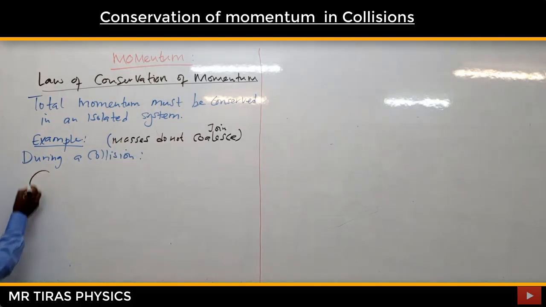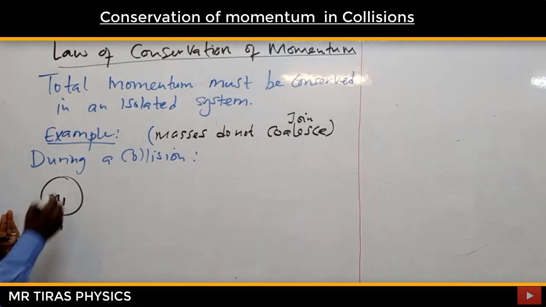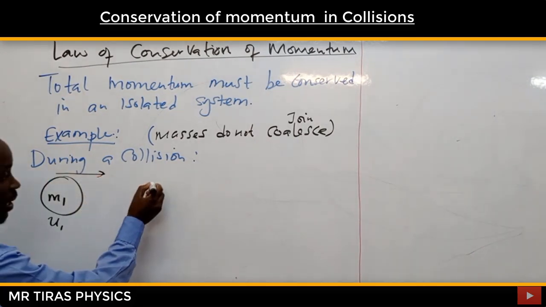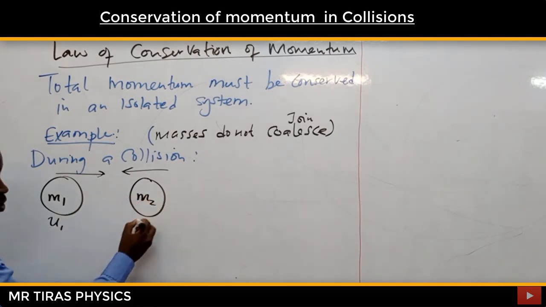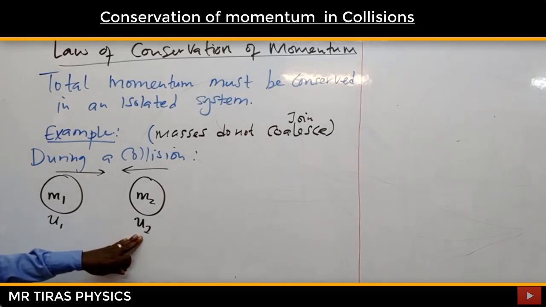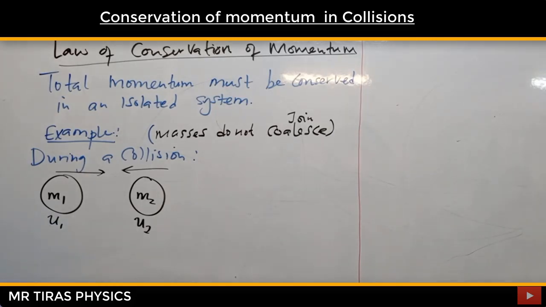So if I have this mass, call it mass 1, moving with initial velocity u1 in this direction, and I have mass 2 moving in the opposite direction with initial velocity u2. One thing to note is that since the two of them are moving in opposite directions, if we pick this to be the positive direction, remember to make this one negative.